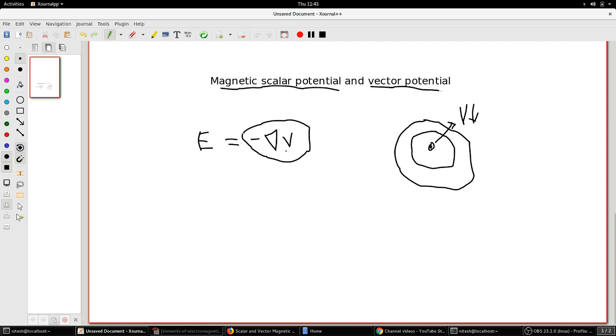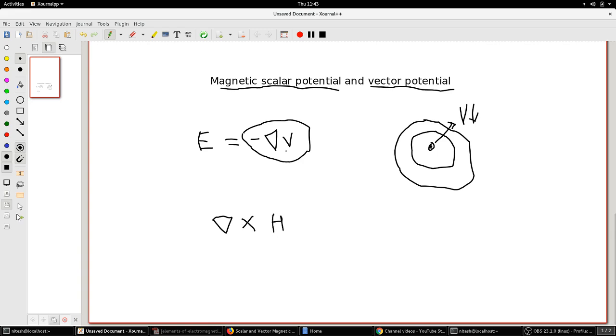In the same way, we will define two terms, which are magnetic scalar potential and vector potential. In the electric field we were only looking at the scalar potential. So here we have two potentials.